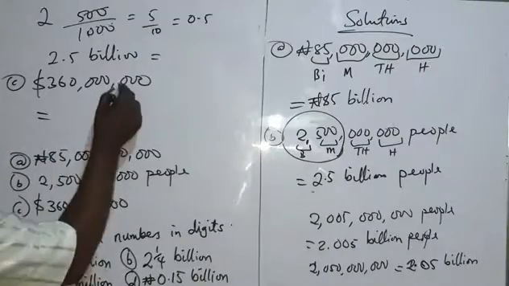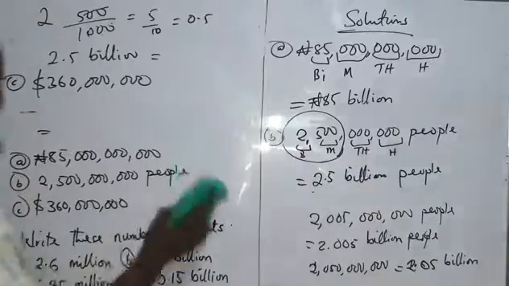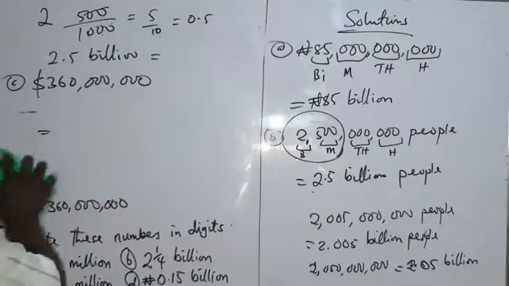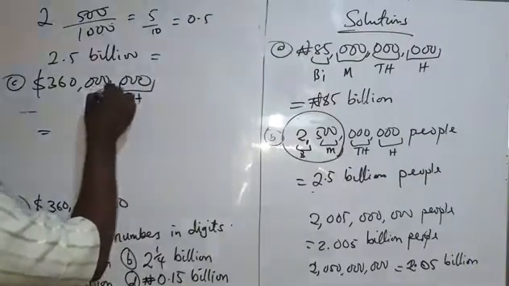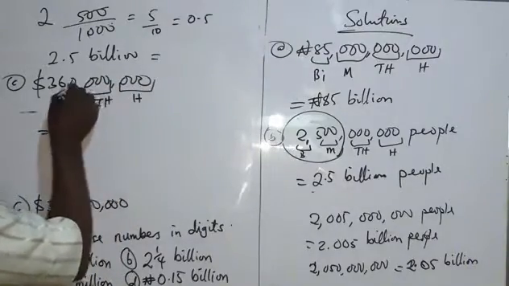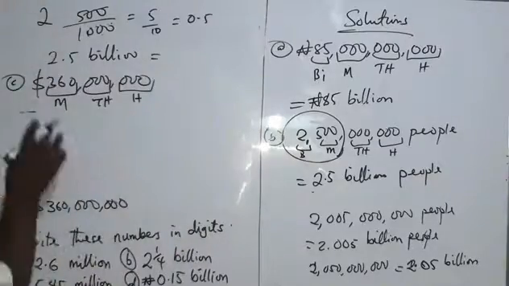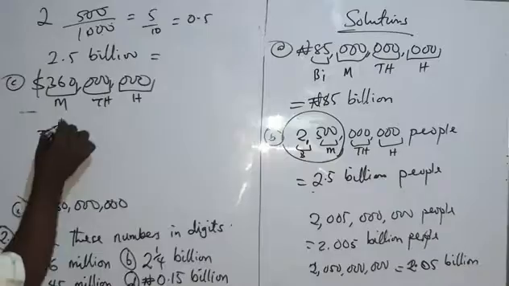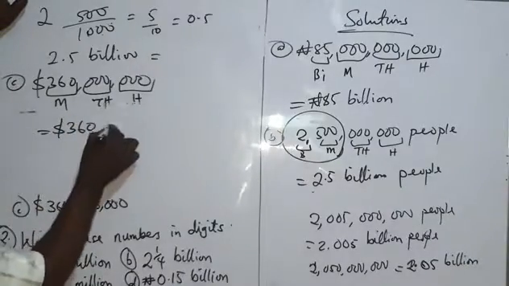You notice that this is hundreds first. So let's analyze this. This is 100, this is 1000, and this is what? Million. So you can represent this one in 2 ways. So this will be what? 360 what? The highest one, million.